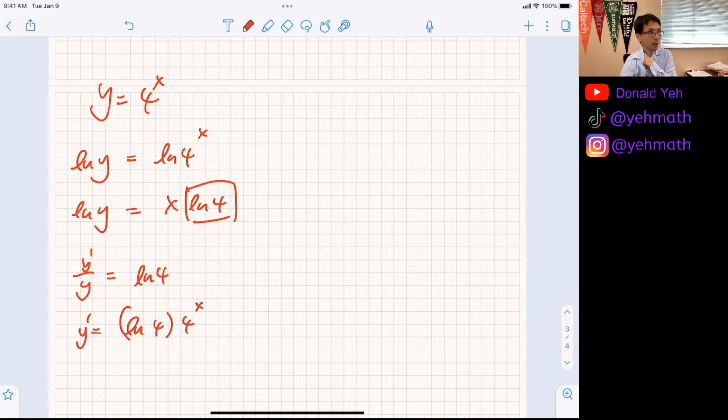That's it. So there's no product rule, but if you do use the product rule, you'll get the same result, but the other side is going to be 0. But this is just a constant multiple rule. Question about this?